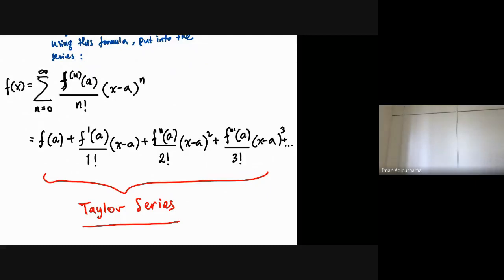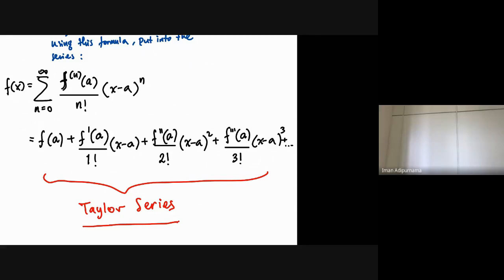So this means if you have any function that you can differentiate, maybe 2 times, 3 times, 4 times, and you can maybe differentiate until some infinite value, right? Then you can put the function into the Taylor series.